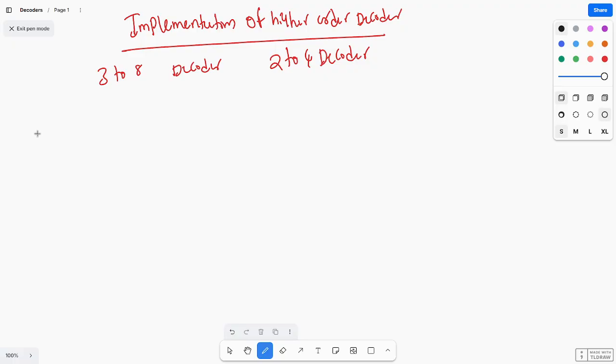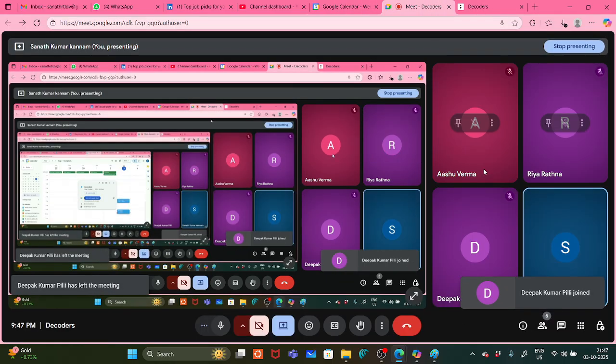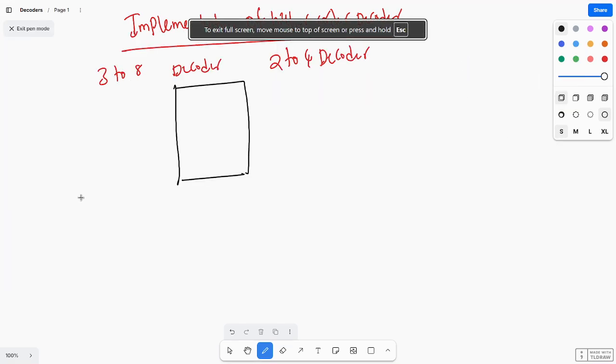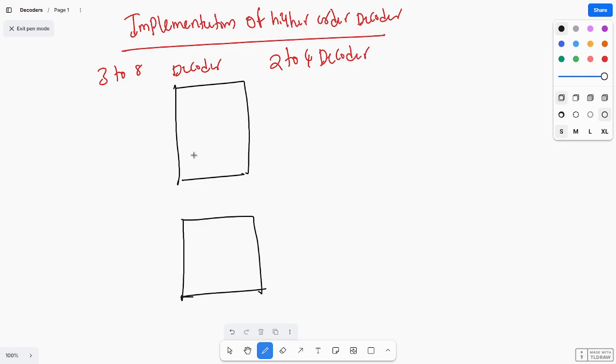First I can use the 2 to 4 decoders, and this is one more 2 to 4 decoder.